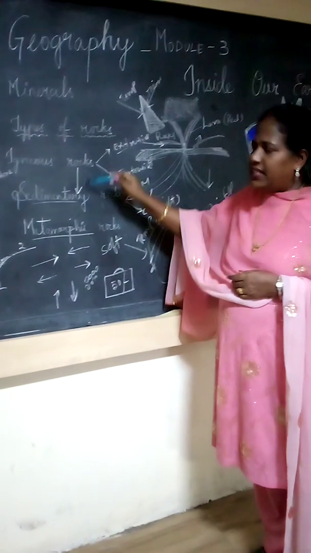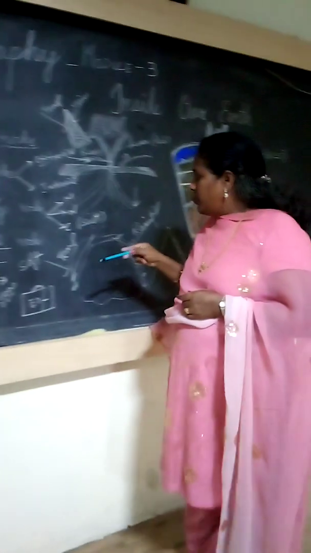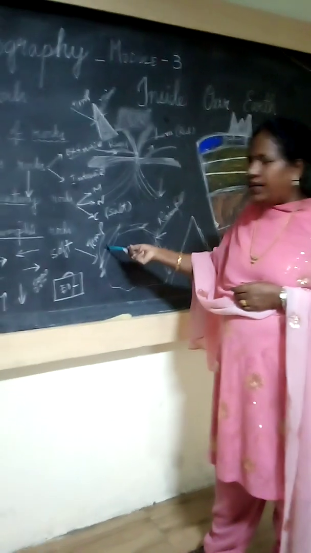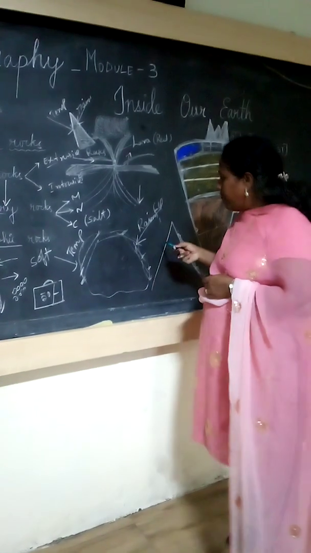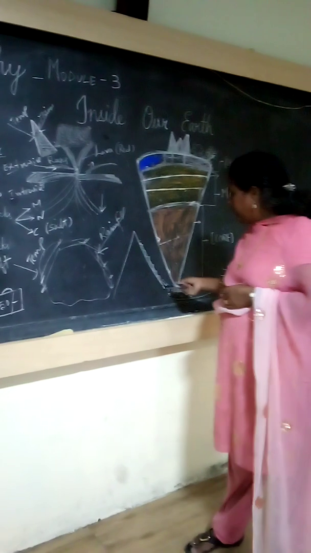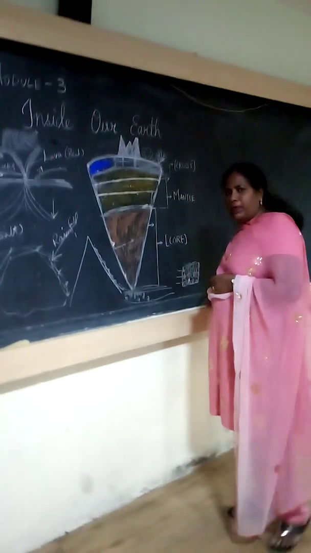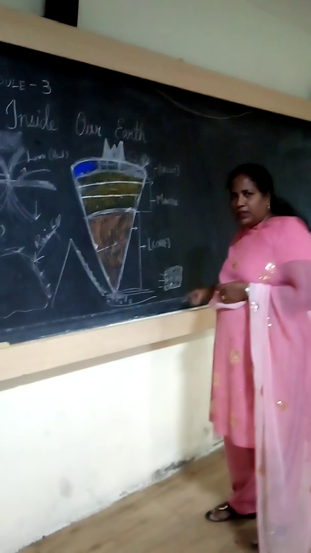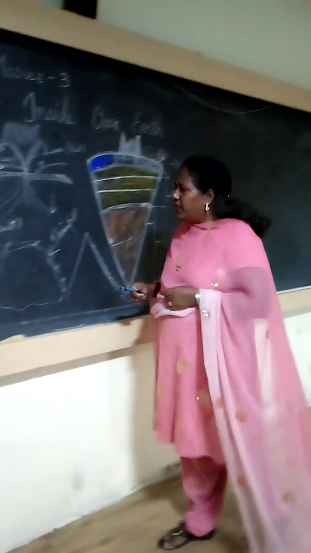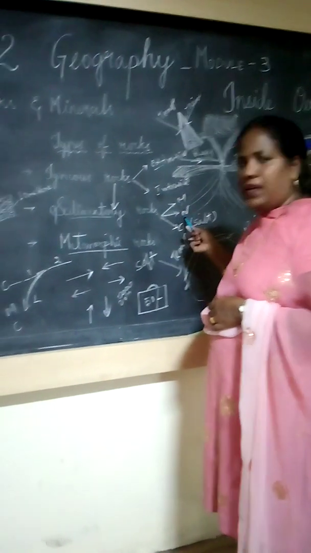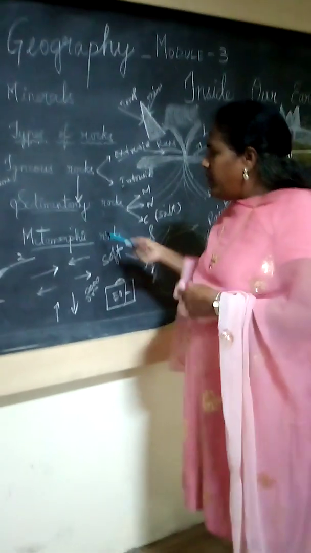When these igneous rocks are exposed to the denudation process, the agents are rainfall and temperature. Then after denudation, transportation through the river. Next is deposition and cementation. Here we also divide into three types: mechanical, natural, chemical.